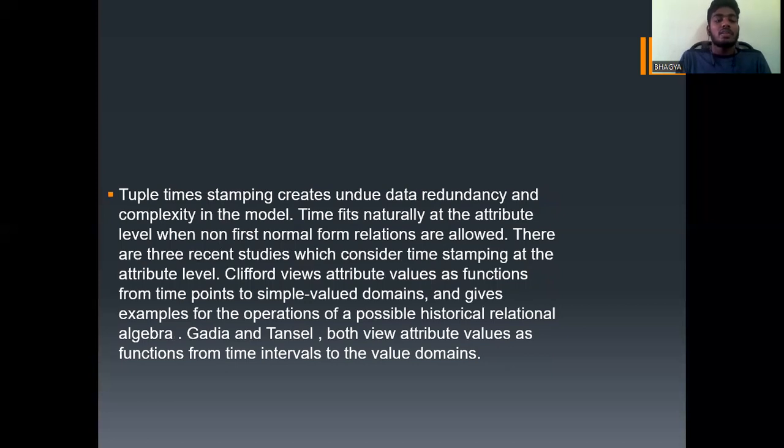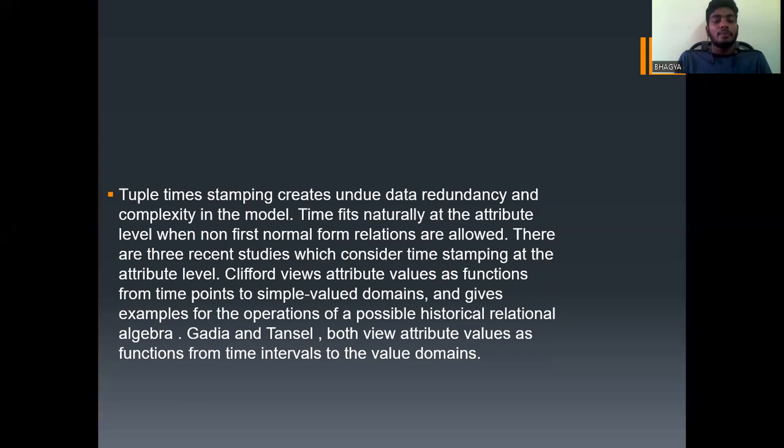Tuple time stamping creates undue data redundancy and complexity in the model. Time fits naturally at the attribute level when non-first-normal-form relations are allowed. There are three recent studies which consider stamping at the attribute level.